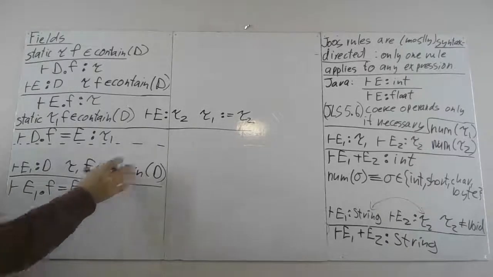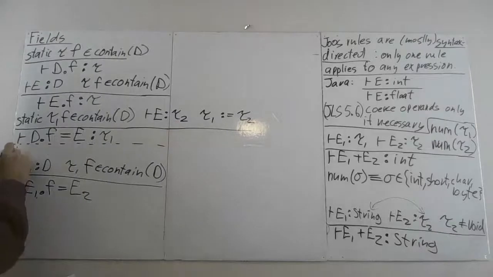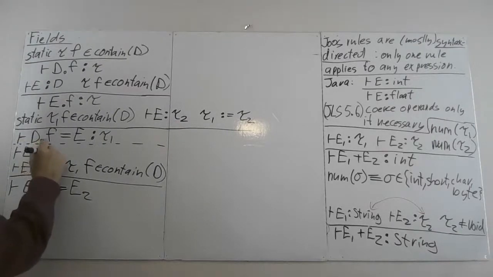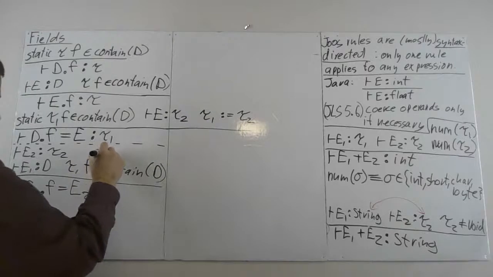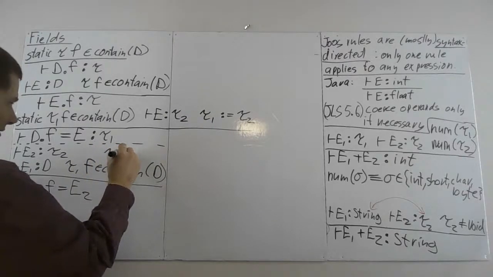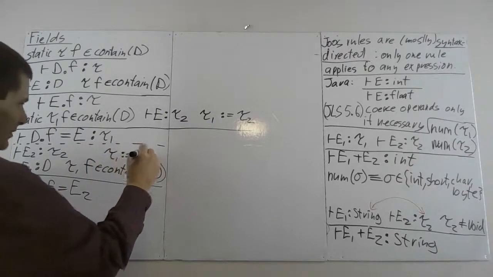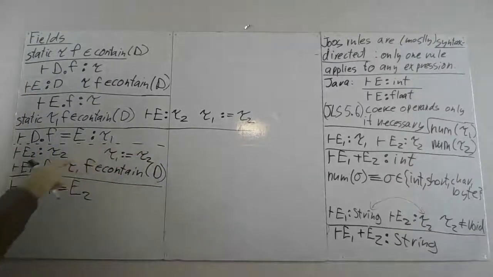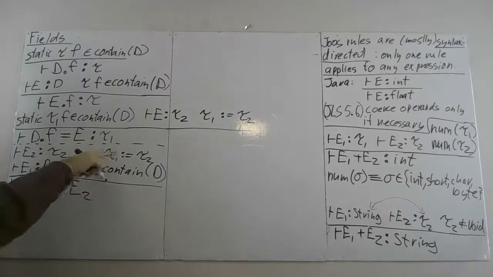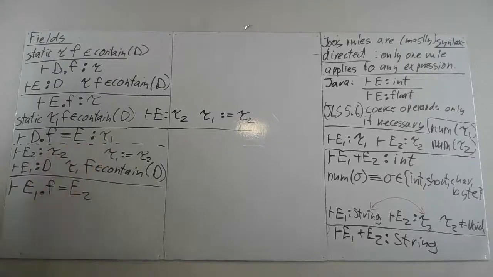Okay, and what else do we do? Well, we type check E2. So E2 has to have some type, and we'll call that tau2. And then just like before, we need the assignability check, that a value of type tau2 is allowed to be assigned to a variable or a field of type tau1.